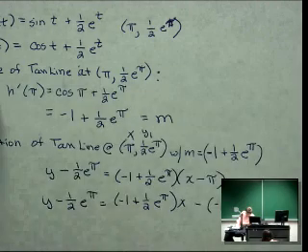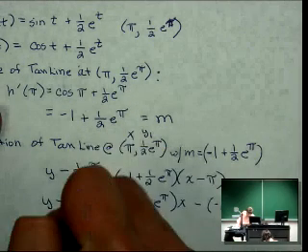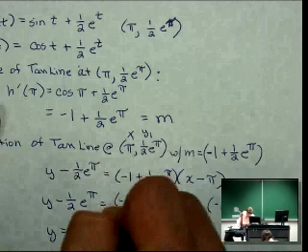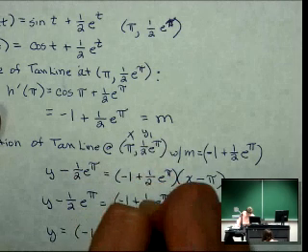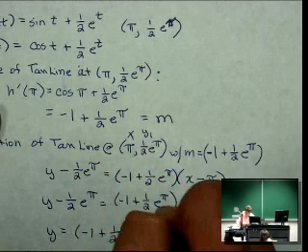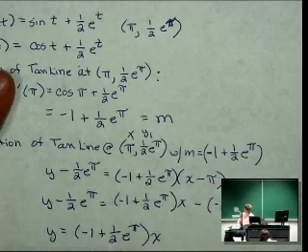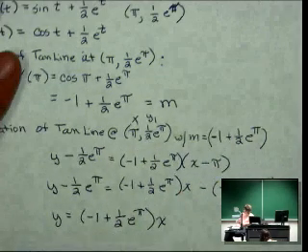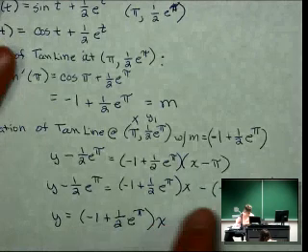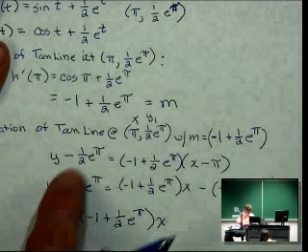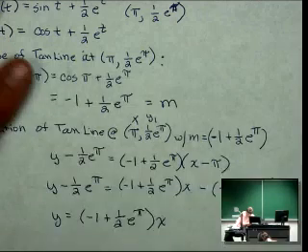All right. The only other thing I can think to do then, keep up with my m. That's the form y equals mx. And then let's go ahead and distribute the negative 1 and add 1/2 e to the pi to both sides.